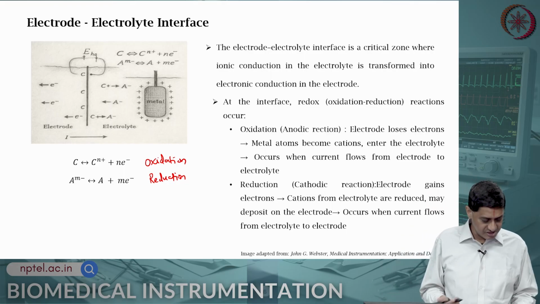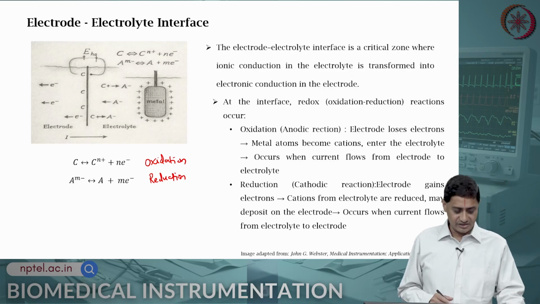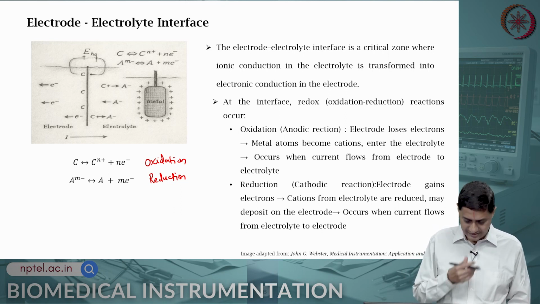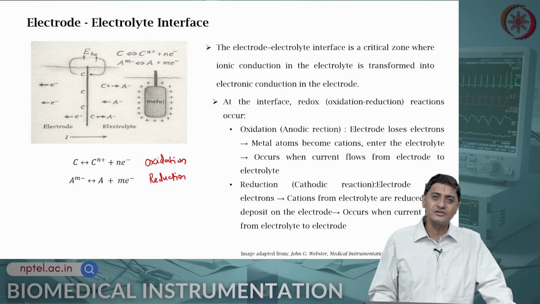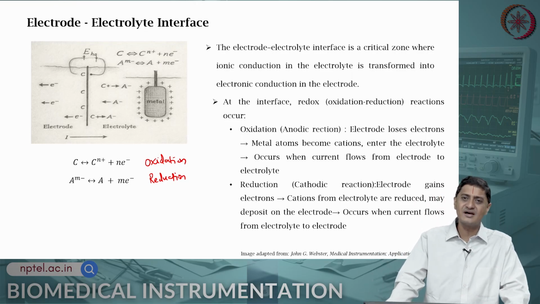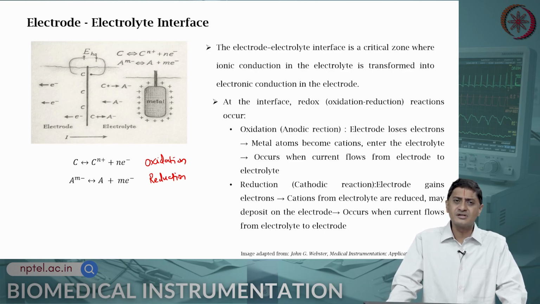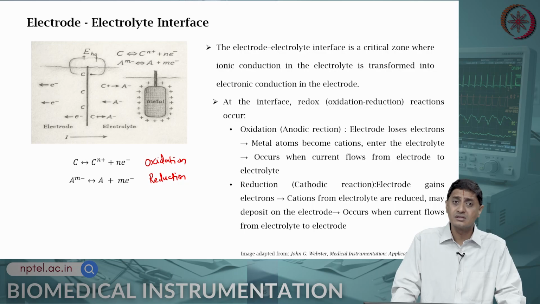So, both oxidation and reduction happen at the electrode electrolyte interface, right. The electrode electrolyte interface is the space where the ionic conduction that is happening inside the cell is somehow transformed into the electronic conduction in the electrode.